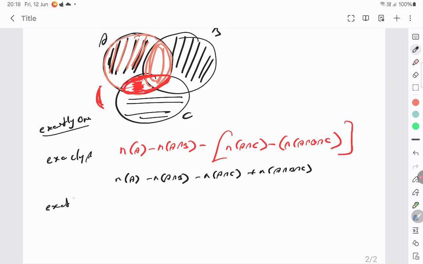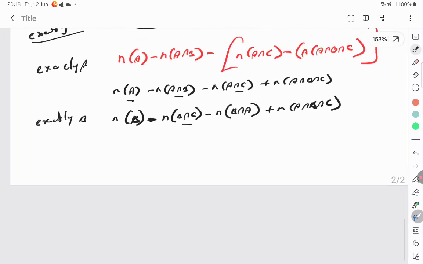So what will be exactly B? I don't have to really do it again, because n of B minus n of A intersection B is there. So write B intersection C minus n of C. When you write A, you intersect with B and C. When you write B, intersect with C and A. Plus n of A intersection B intersection C. Even without looking at the diagram, I am able to fill it.